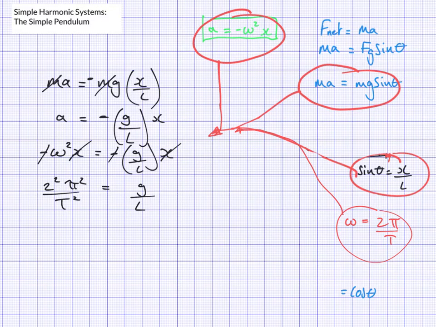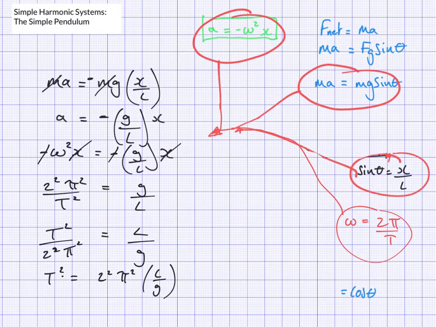Let's flip everything over, so we're just going to invert everything. So I'm going to say that T squared over 2 squared pi squared is equal to L over g. Okay, and now I can just bring everything over. So T squared is equal to 2 squared pi squared multiplied by L over g.